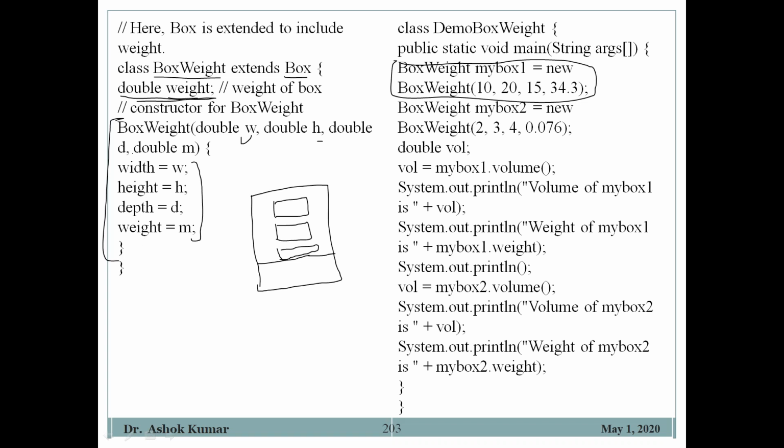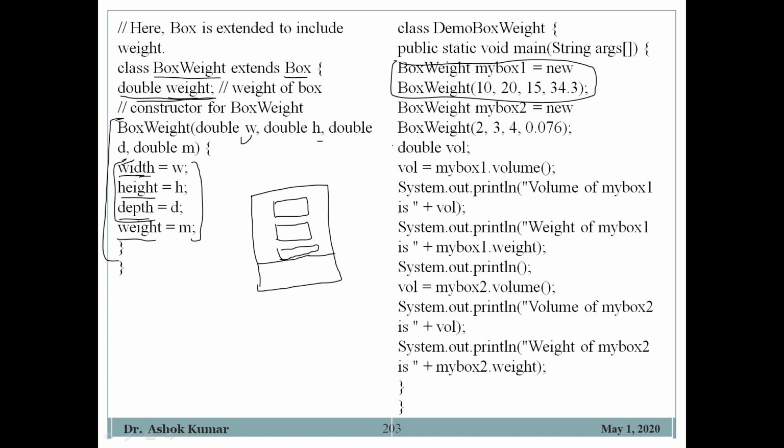The important point to note over here is that width is not a member of the weight box. It is inherited from the superclass. So we are using it directly over here because it gets inherited into the subclass. These three are members of the superclass, but these can be used directly in the methods, including the constructor, of the subclass.